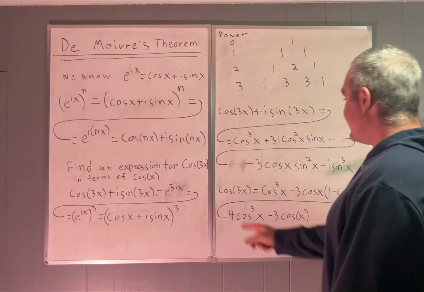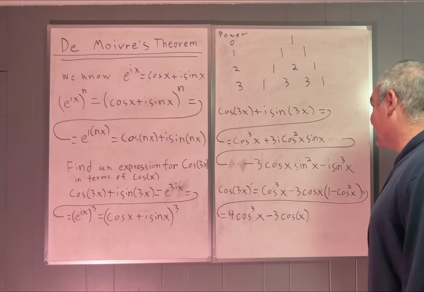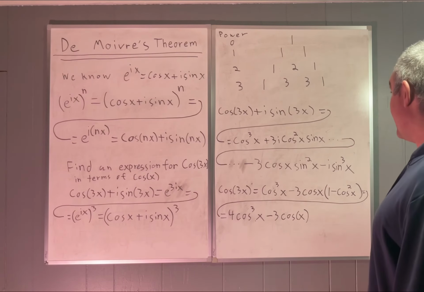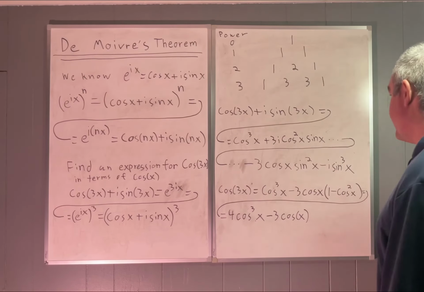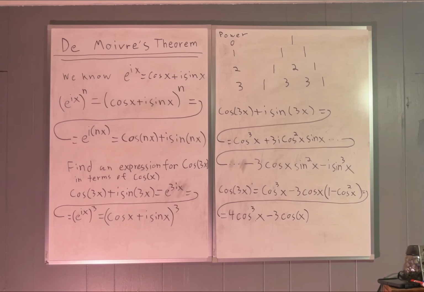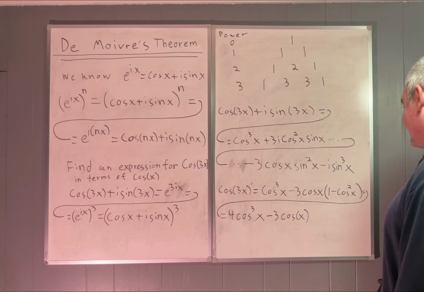So anyway, what we get if we expand cosine x plus i sine x cubed is this right here: cosine cubed x plus 3i cosine squared x sine x minus 3 cosine x sine squared x minus i sine cubed x.